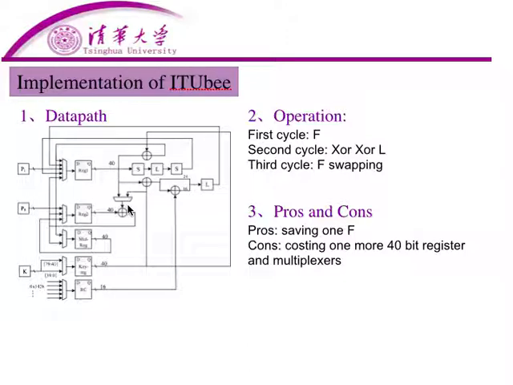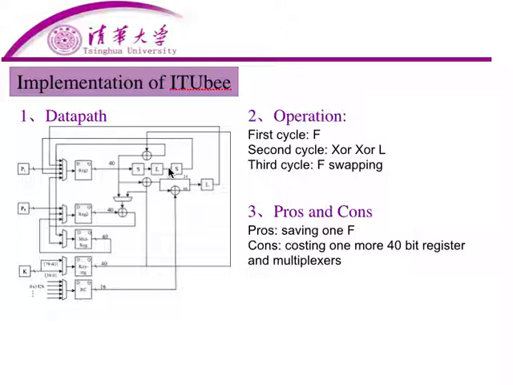Now it comes to the serialized architecture for the ITUbee implementation, and as I have mentioned before, the f function is used 2 times in one round, so we use 2 cycles to implement this 2 times. In this way, the f function only needs to be written one time on hardware, as you can see in the path.